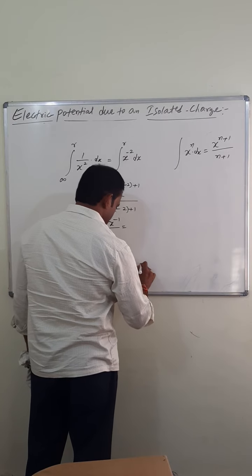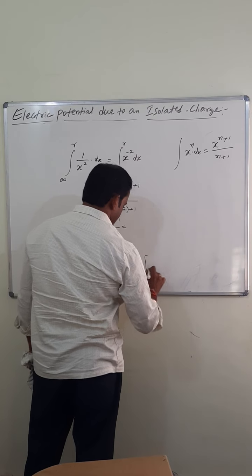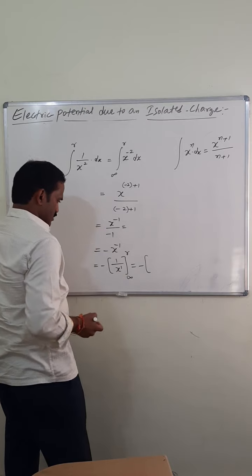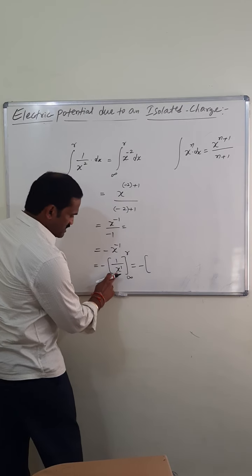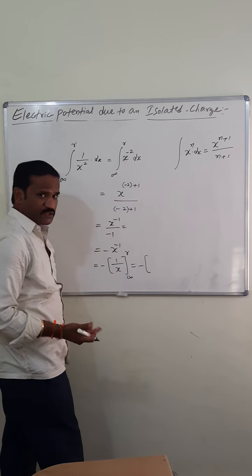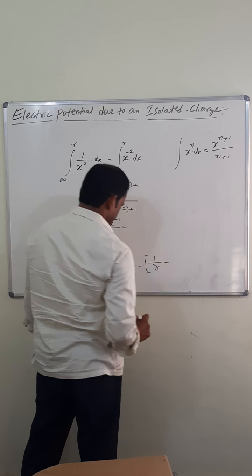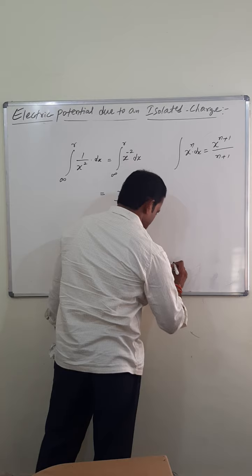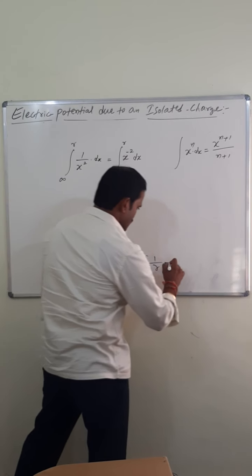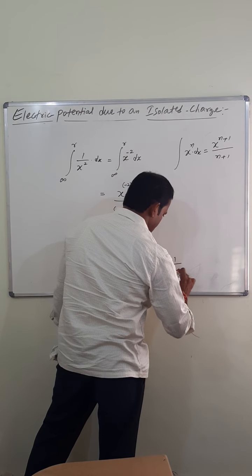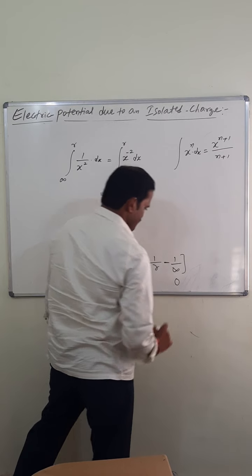The minus stays outside the bracket. X power 1 is nothing but x only. First you apply the upper limit, 1 by r, minus, in place of x you apply infinity, 1 by infinity. What is 1 by infinity?